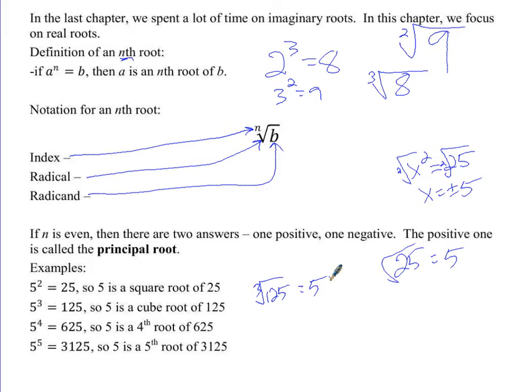Yeah, this is what our work is going to look like. 5 to the fourth power is 625. So therefore, 5 is a fourth root of 625 because 5 to the fourth is 625. So I can write the fourth root of 625 is the number times itself 4 times that gives me 625, which is 5.